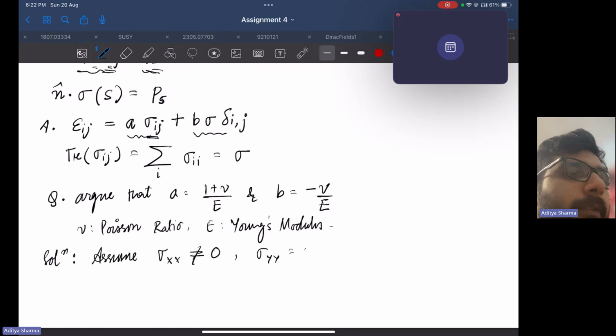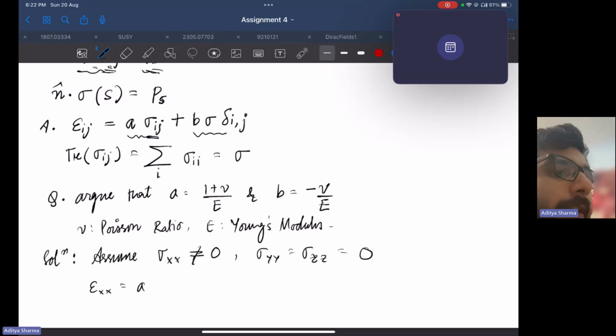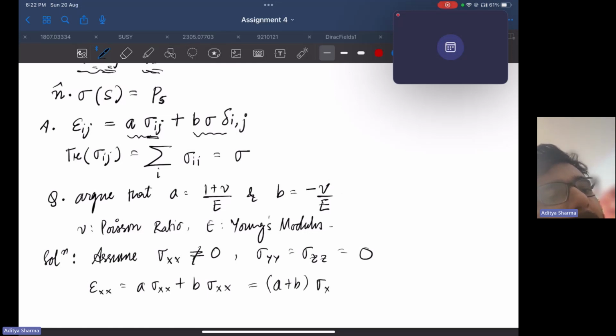Sigma yy equal to sigma zz equal to zero. Then we'll have epsilon xx equal to A sigma xx plus B sigma xx. That is equal to (A plus B) sigma xx.